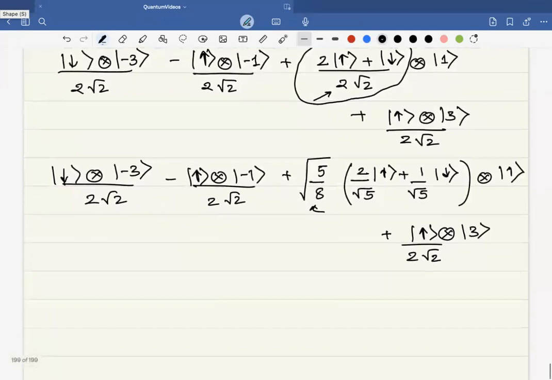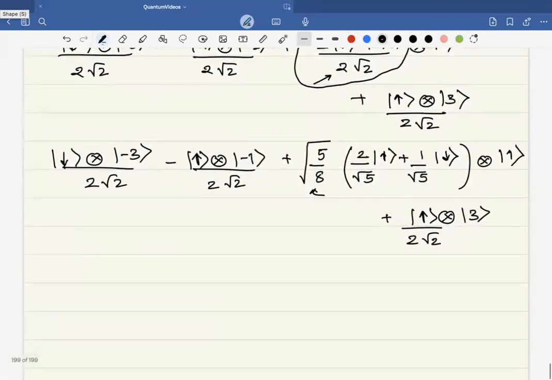And now if I measure the position, I will see something slightly different than the classical walk. So these are the positions minus 3, minus 1, 1. The probability of finding the walker at position minus 3 is this amplitude squared.